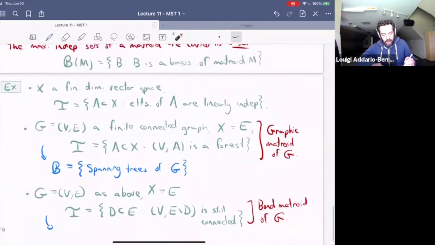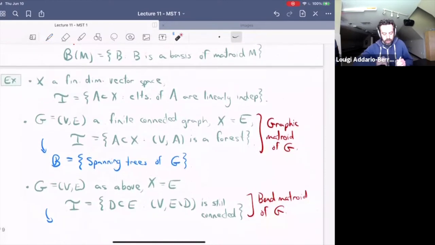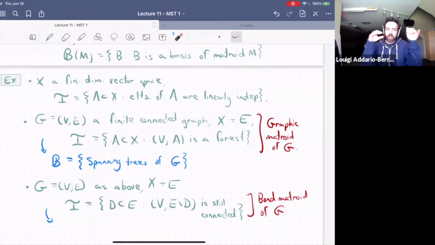Okay, and in this example, what are the maximal independent sets? That's collections of edges such that if we remove them, we still get a connected graph. But if we remove any more, then we get a disconnected graph. Okay, well that means that we must have removed so many edges that all that's left is a tree, right?